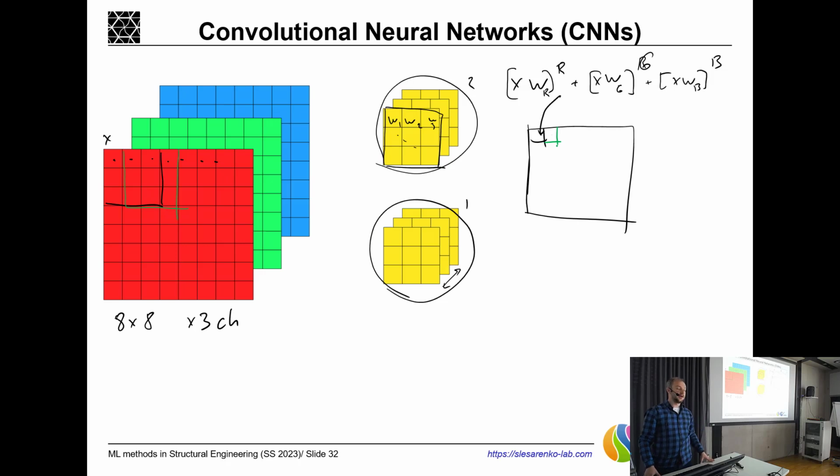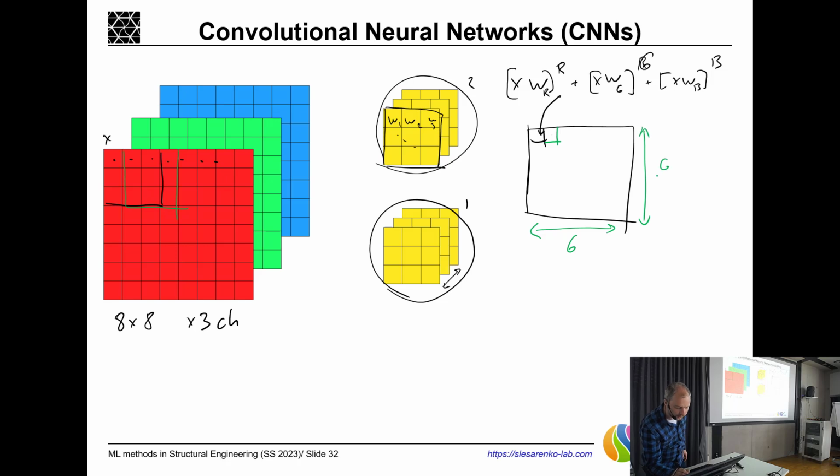So in this case, according to our rules, if we have 8 by 8 here and a 3 by 3 by 3 channels filter, what would be the dimension here? Yeah, 6 by 6. Because we cannot move further: we have 1, 2, 3, 4, 5, 6, and we cannot move further. So we will have 6 by 6.